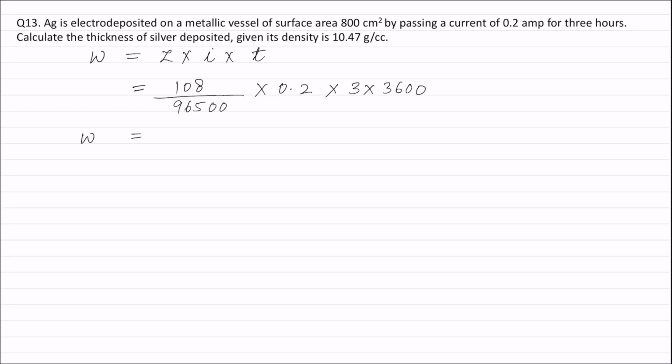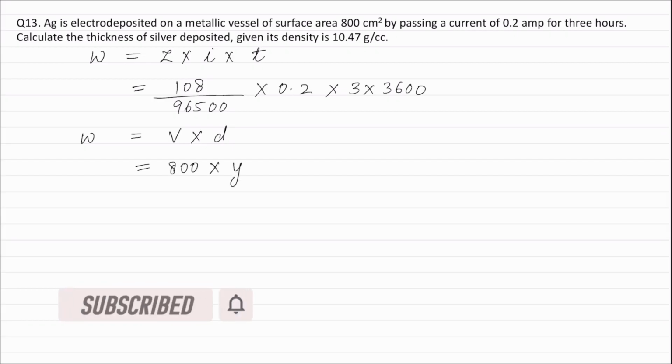Weight of silver is also equal to volume into density. Volume can be written equal to area, which is given as 800 centimeters square, into thickness of the silver deposited, let it be y centimeter, into density. Density is given as 10.47 gram per centimeter cube.